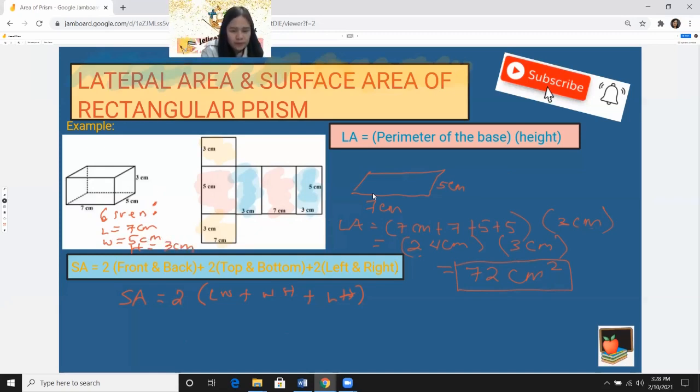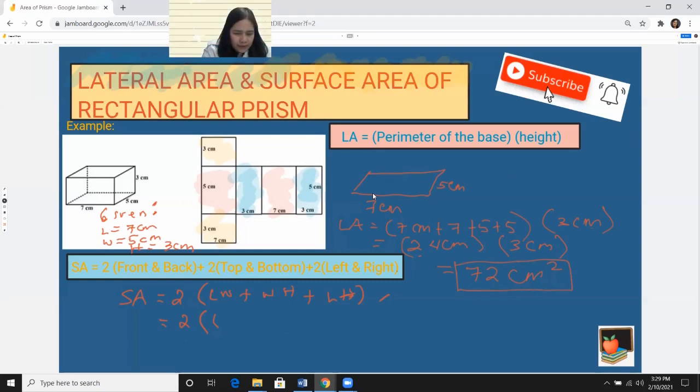Using this formula, we can now plug in the values. For the surface area, we have 2, then parentheses here because we're getting the product of the length and the width, the product of the width and the height, and the product of the length and the height.